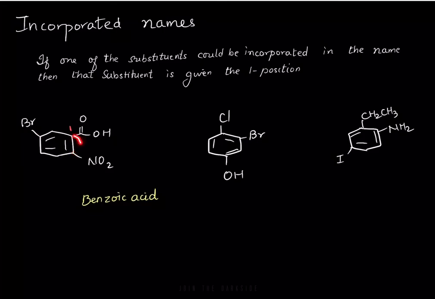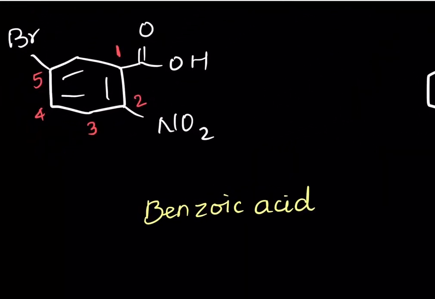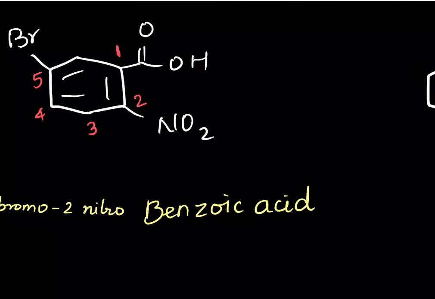So it's better to go in the clockwise direction, which is going to put the nitro group in the 2nd position. So the name for this is going to be 5-bromo, because you're going to list them in alphabetical order, 2-nitrobenzoic acid.